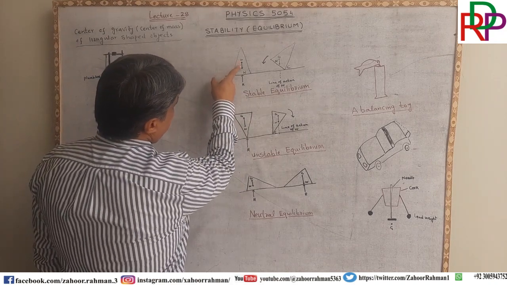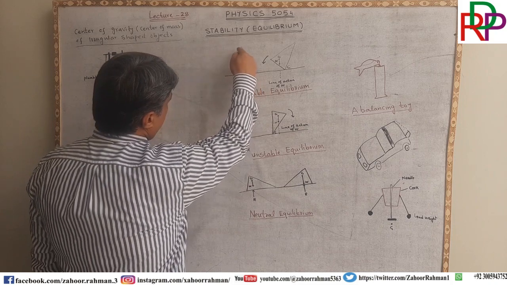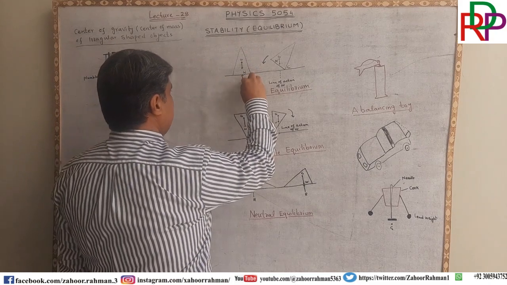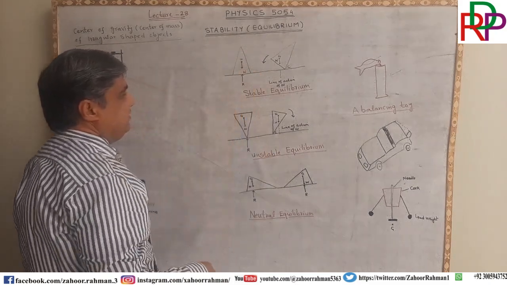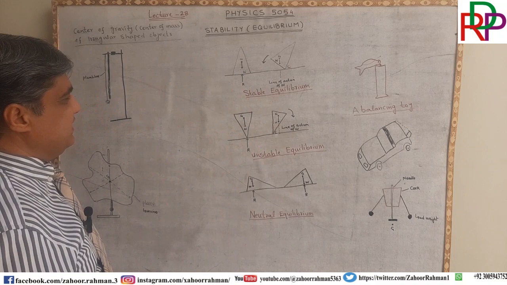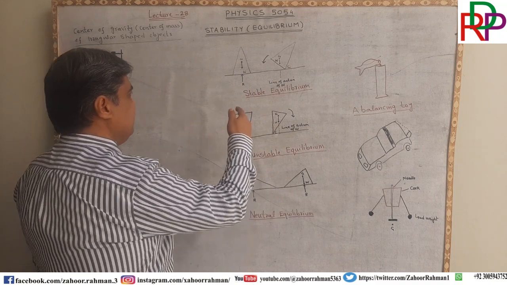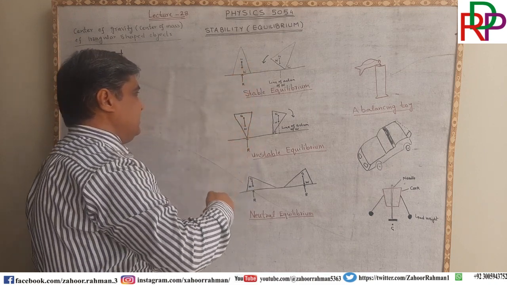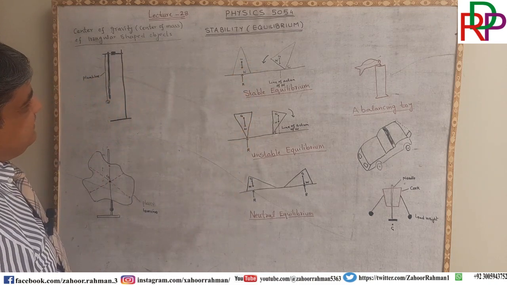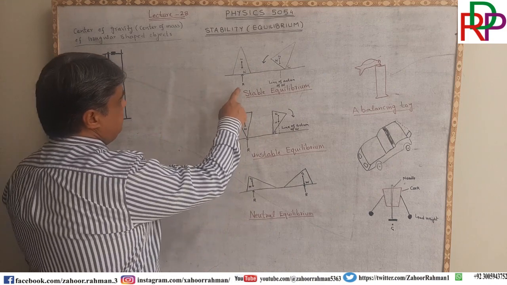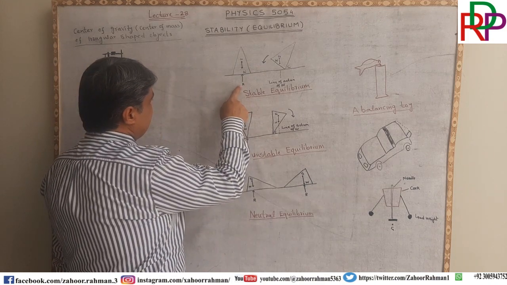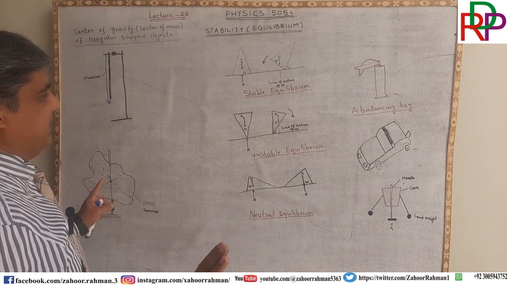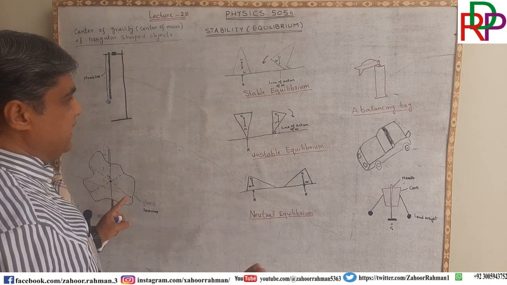One is the weight of the paper cone, which is downward, and one is the contact force R, which is provided by the table. Because the line of action of the weight is in the same line as R, they cancel the effect of each other and the cone is in stable equilibrium.